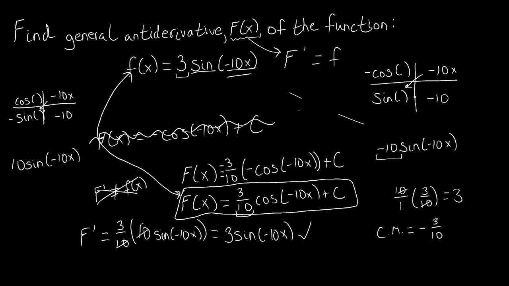So what we needed to do was figure out what number we can multiply our F of x by to give us a new capital F of x that would actually give us this little f as a derivative. So, like I said, it was a little bit more involved, but through use of some reasoning and some multiplication of numbers, we were able to figure out what our general antiderivative is for this function.